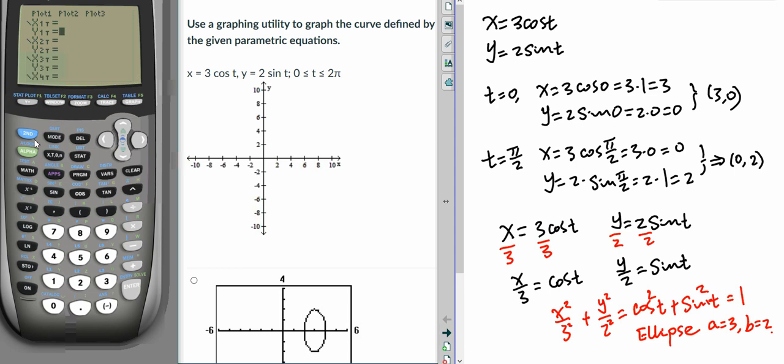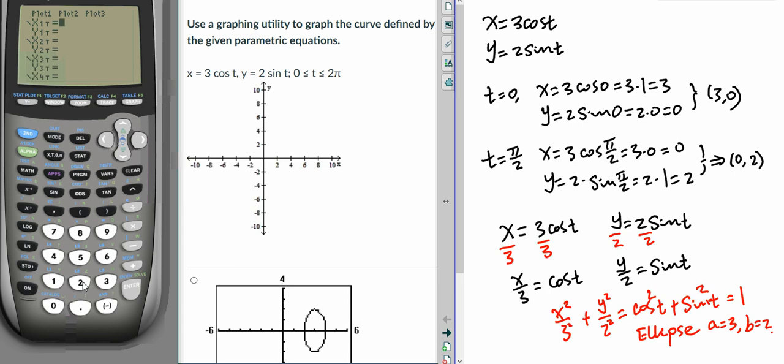If you did not watch my previous lecture, you want to click on mode and move the cursor right here to parametric and hit enter. That will give you, when you click on Y equals, this screen.